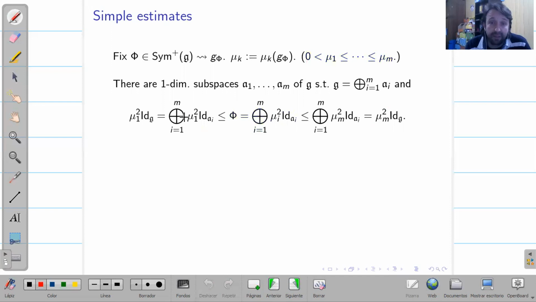Since these numbers do not depend on A, we put them just outside, and this is the identity one. This was very simple. That's why we have the word simple here.